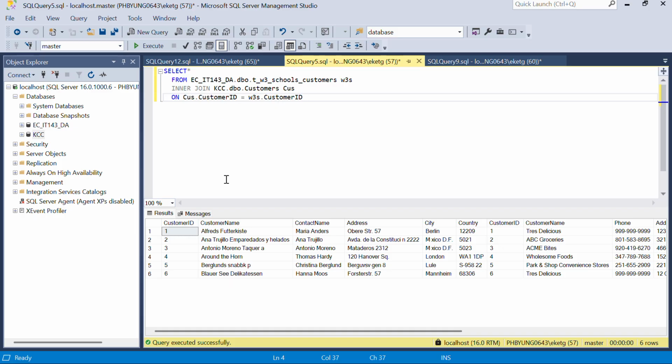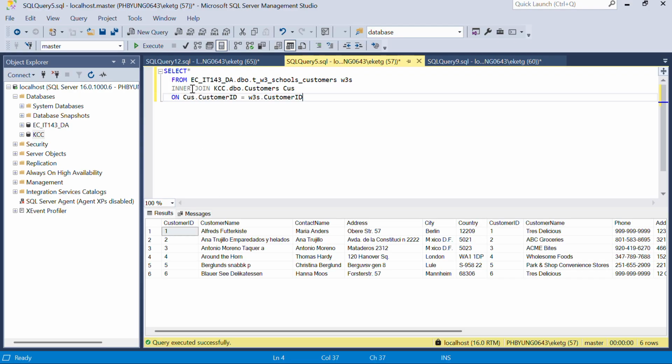Since they have almost the same data, in writing this I use select all from the customer table from this database, and then using inner join, I used the ID as the primary ID, which they have the same primary ID. After running, it shows this.